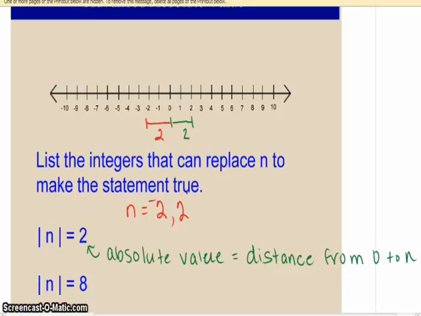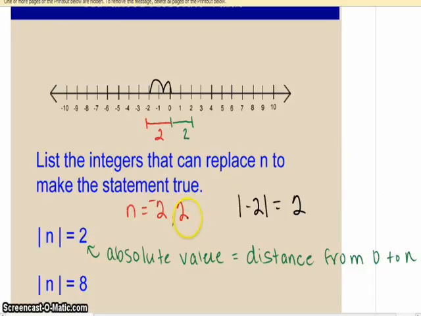You can check this so that it makes sense to you. We can put in negative 2 in the place of n and see if that gives you 2. Is the absolute value of negative 2 equal to 2? Sure, because the distance from 0 to negative 2 is indeed 2.